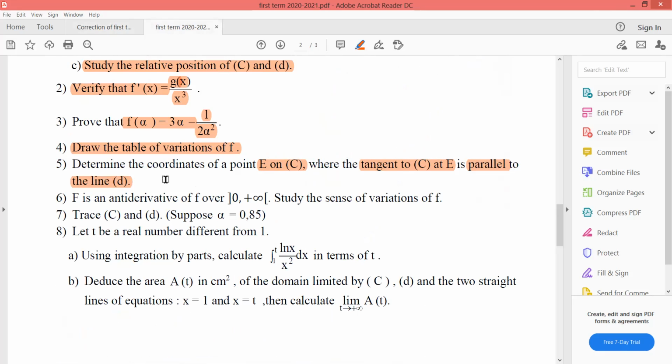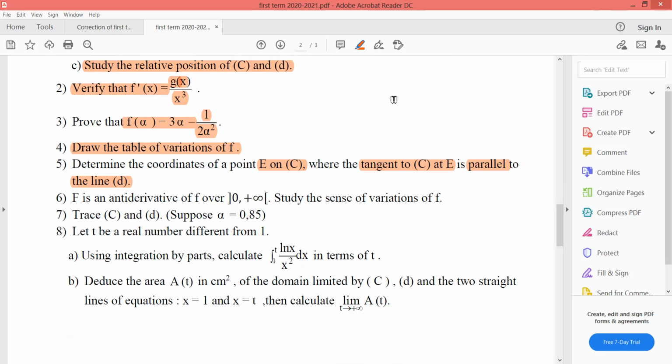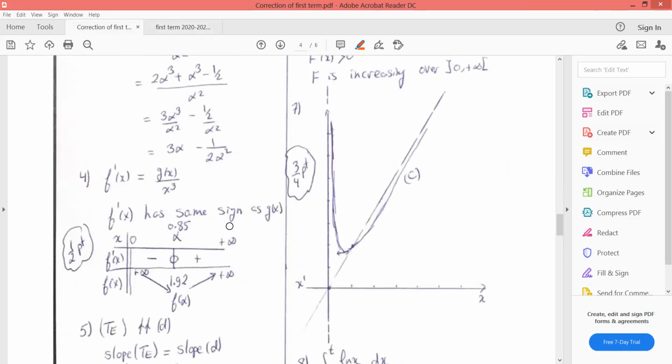So the slope of the tangent equals the slope of line D. Slope of line D is 2. Slope of the tangent is f prime. So by putting f prime x equals 2 and then solving for x, we get the value of x. Then we replace, we get the value of y.